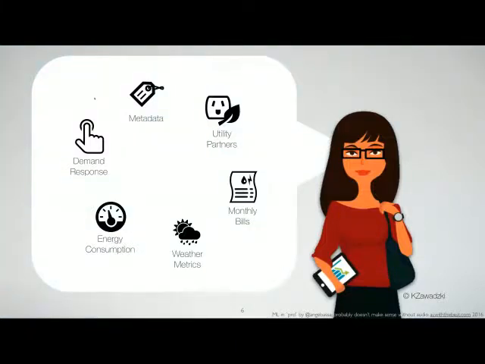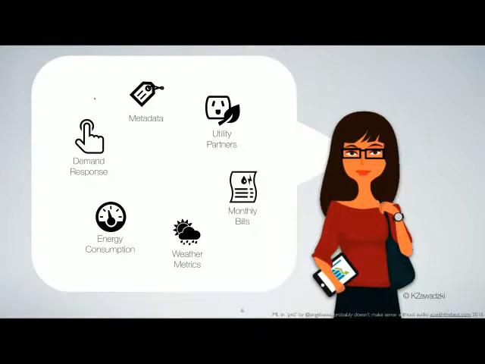The canonical data is the data that comes from the utility providers, but we don't always have instantaneous access to that. So we have information from our demand response meters, from energy consumption that we have either via our partners or via the utility providers. We have weather forecasts and weather historicals.